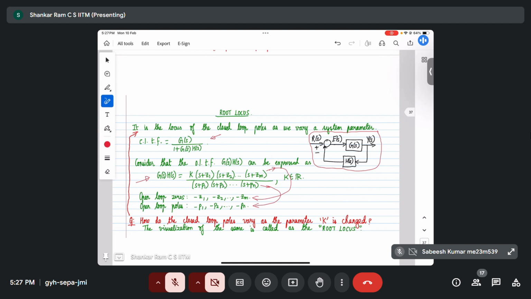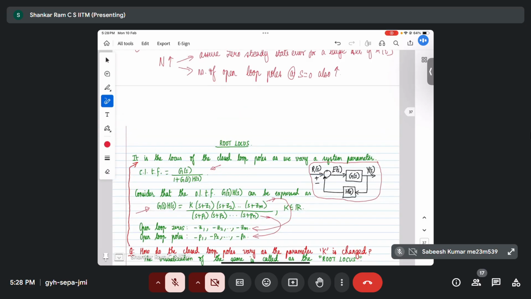Now, the question is the following. If you and I have a visual tool through which we can observe how the closed loop poles change as the parameter K is varied, it will be very, very useful. Why? Because if you remember, we did one example where we took the s plane and we had an open trapezoid region for performance, right?